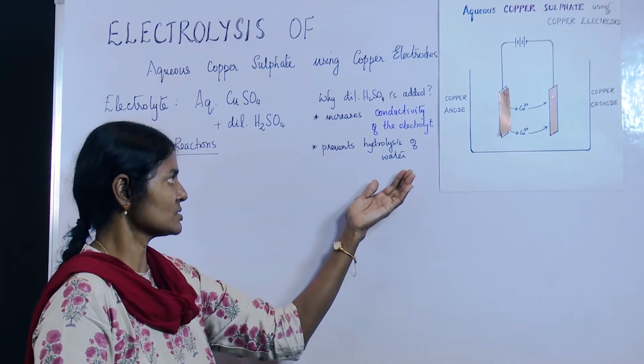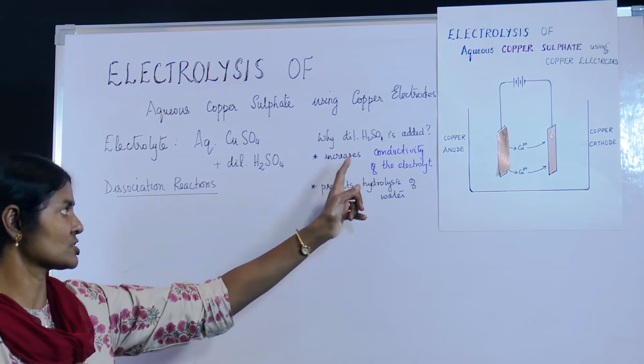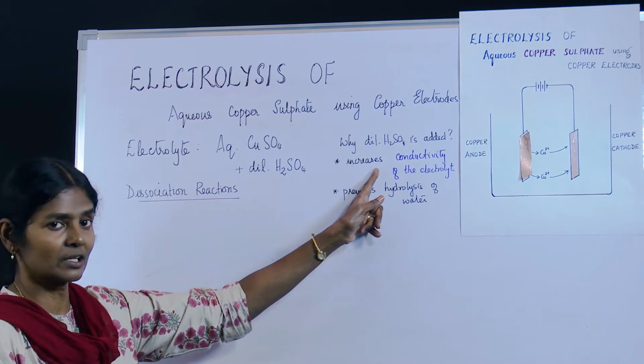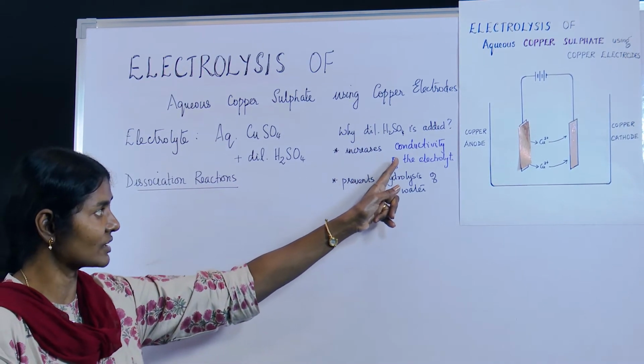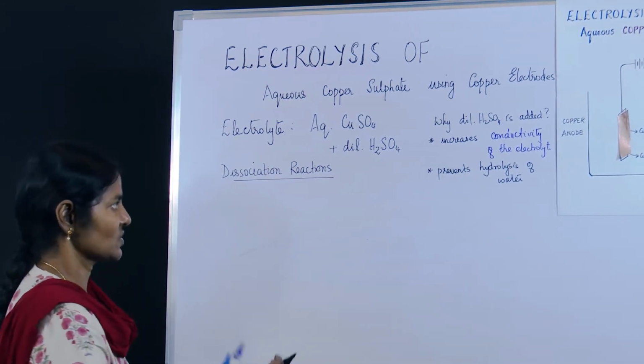So, it prevents hydrolysis of water and also increases the conductivity of the electrolyte. The most important reason is that it increases the conductivity of the electrolyte. Alright, now we move on to the dissociation reactions.